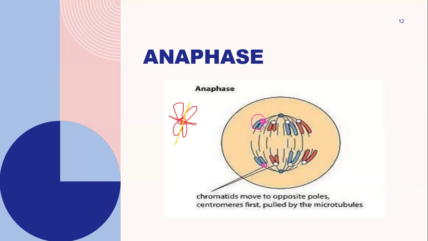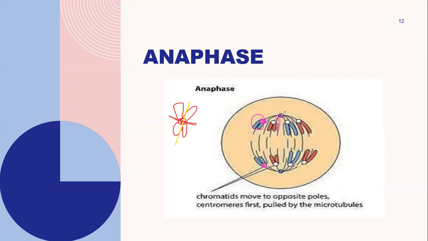So the question that we have is, why are these chromatids able to move to opposite poles? And why are they separating from each other? The separation of the chromatids is as a result of microtubules contracting. Remember, when we looked at prophase, we said that the centrioles are going to form spindle fibers.